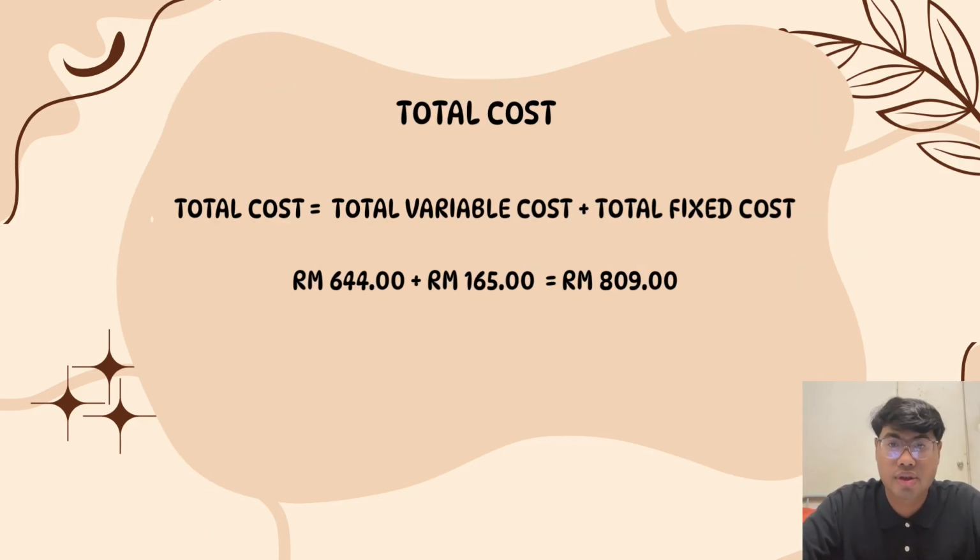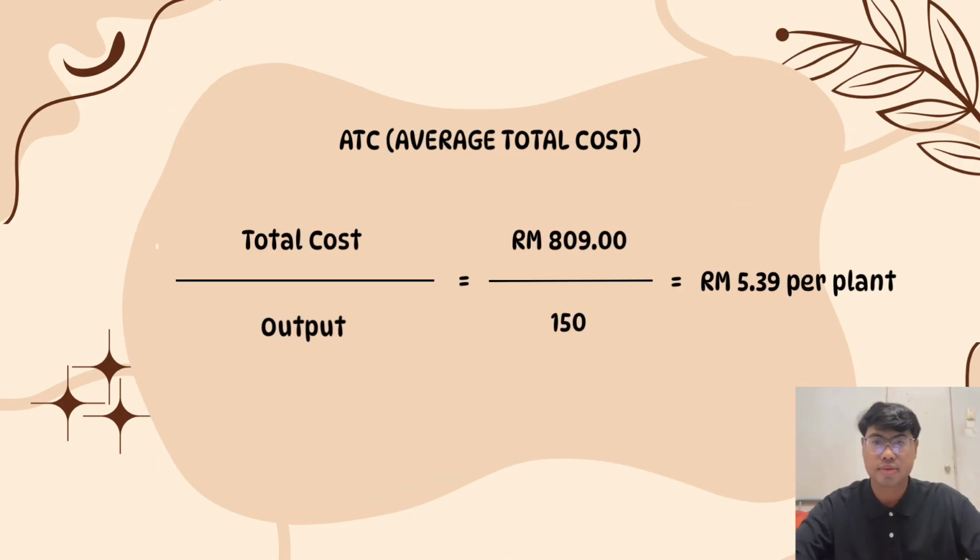This is total cost. If you want to find total cost, you have to add total variable cost plus total fixed cost, which is total variable cost 644 ringgit plus total fixed cost 165 ringgit, and the answer is 809 ringgit.